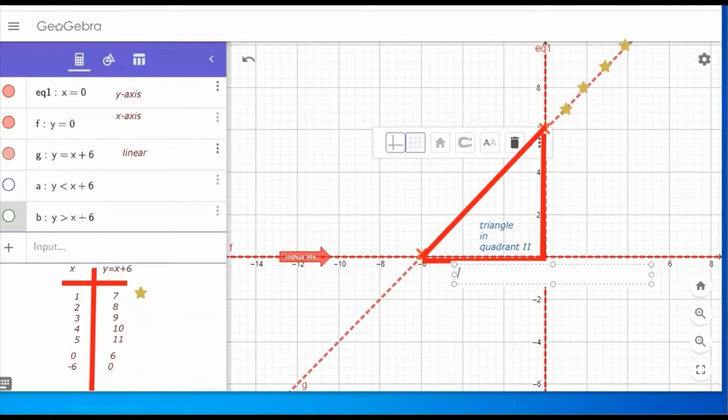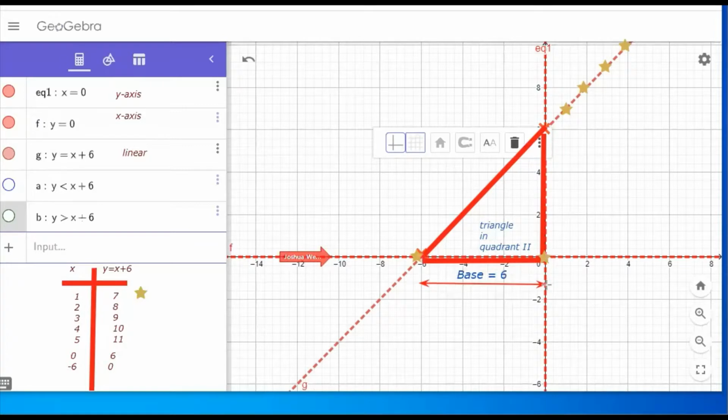So lo and behold, we have that the base equals 6, because we're going from 0, 0 over to 6.